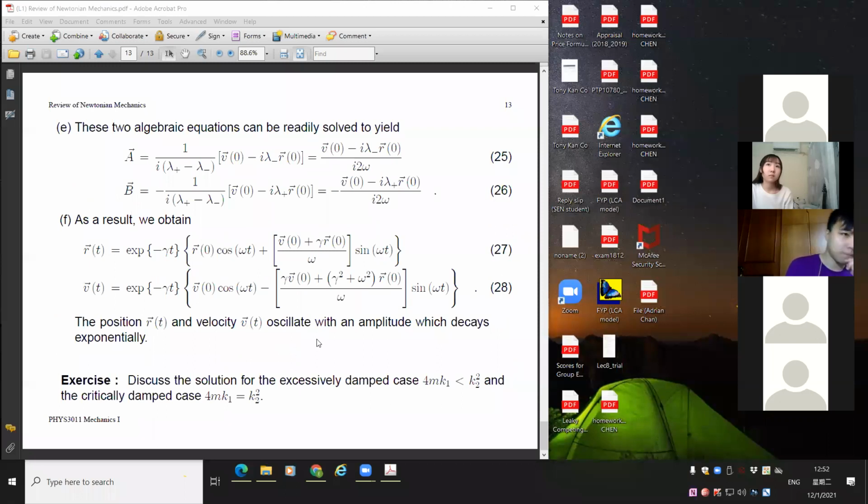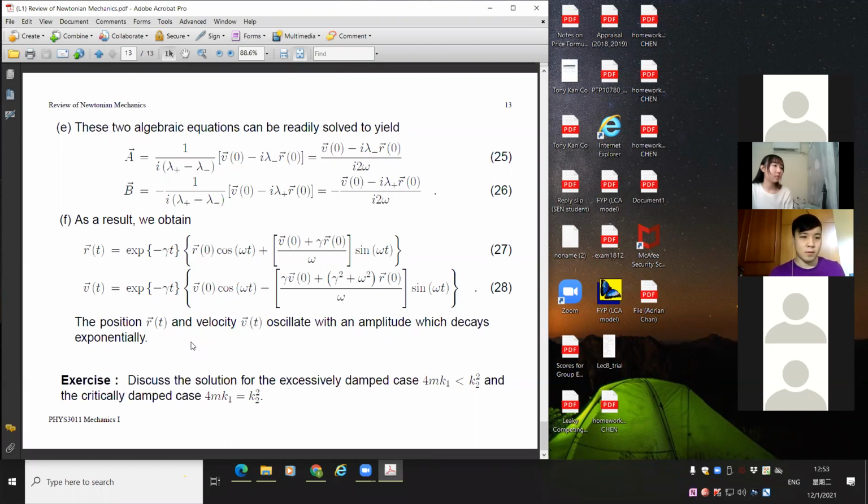Now we impose the initial conditions to fix R naught and V naught, and the A and B vectors. Combining all the details, we finally obtain the displacement at any time t, and also the velocity at any time t. And we find that both of these two quantities oscillate with an amplitude which decays exponentially.